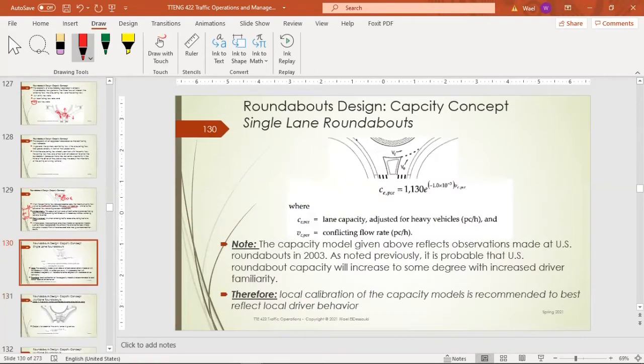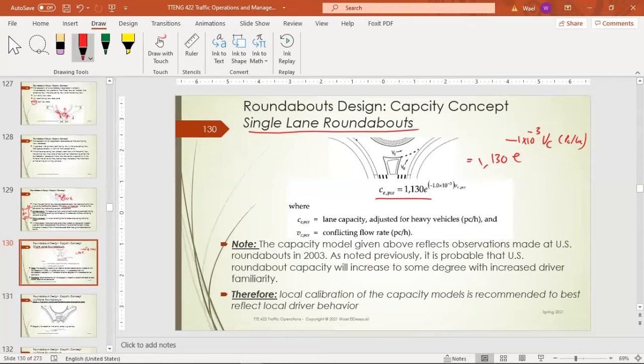So here, the single lane roundabout. What is the capacity for the entry lane in case of a single lane roundabout? Basically, the capacity is 1,130 e to the power minus 1 multiplied by 10 to the power minus 3 times V conflicting, and this is in passenger cars per hour adjusted.